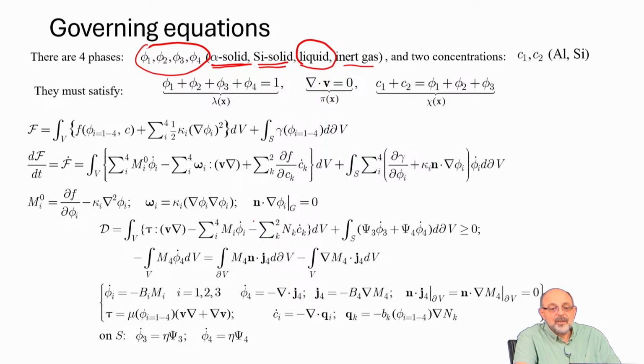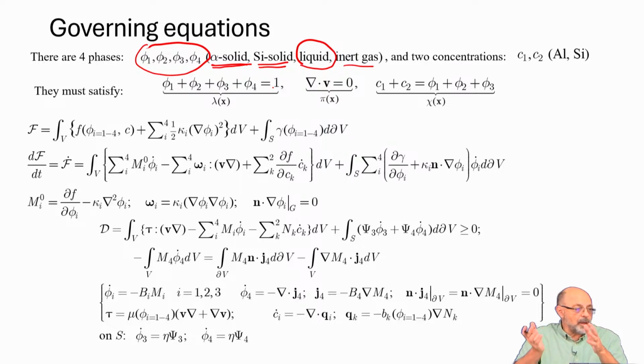But then I have concentrations, right? I have 2 components, C1 aluminum, C2 silicon. My phases will have to satisfy the condition phi1 plus phi2 plus phi3 plus phi4 equals 1.